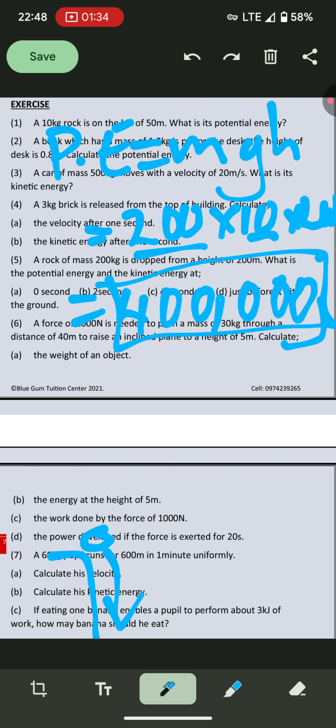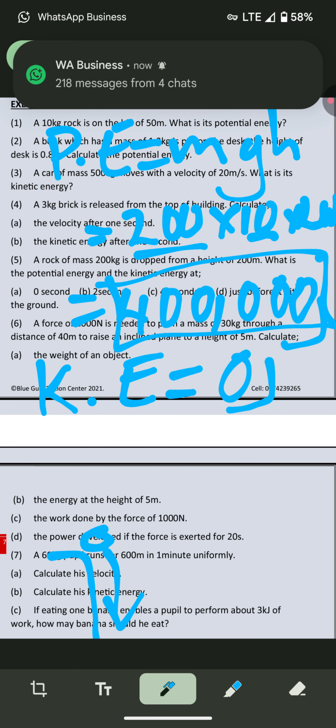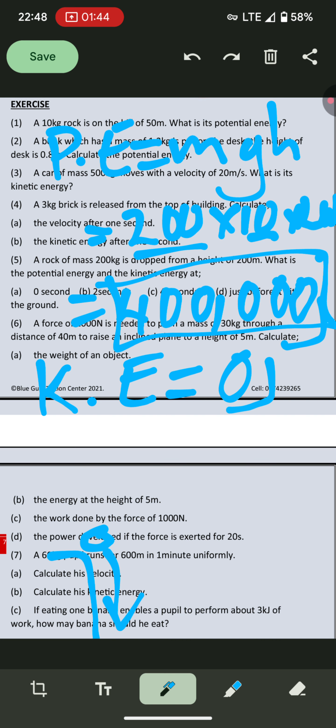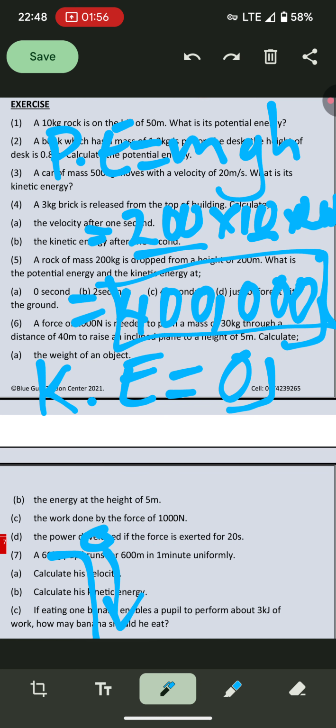So the kinetic energy at the top is always 0 joules. Now there is a concept called the conservation of energy, which says energy cannot be created or destroyed, but it can be changed from one form to another. So in short, or mathematically, it means the total energy of a system never changes.